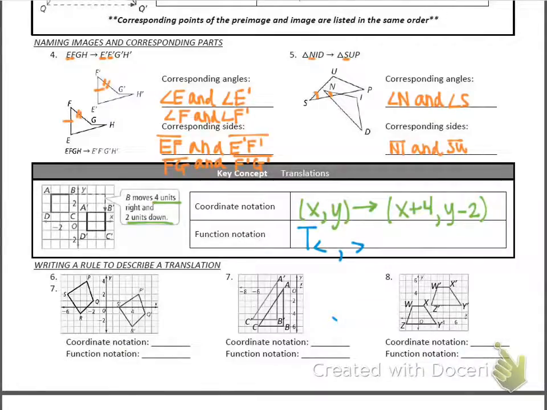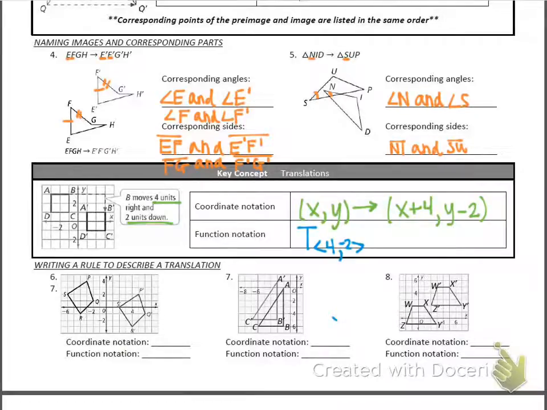So our x is changed by positive 4, right? So we just put a positive 4. And our y is changed by negative 2, so we put a negative 2. So this means we translate positive 4 for the x's, negative 2 for the y's. That's what it means. Okay?